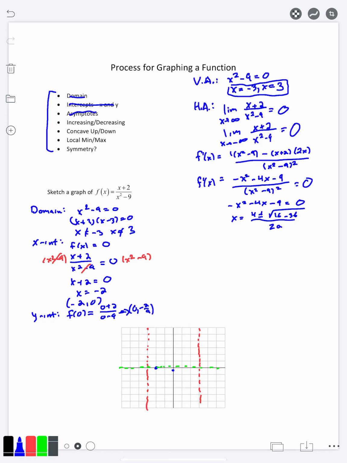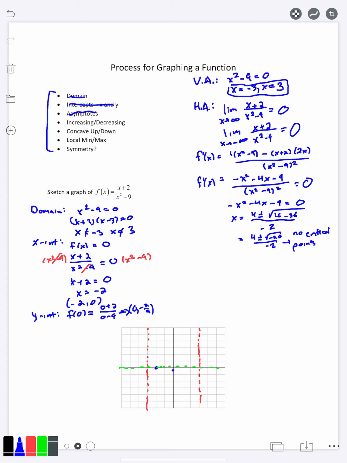Sorry, well 2a, but in this case it's negative 2. And then we notice here that inside that square root is going to be a negative number. So we're going to have imaginary number answers here. And if you get imaginary numbers, that means that there are going to be no critical points. It's never going to be 0.